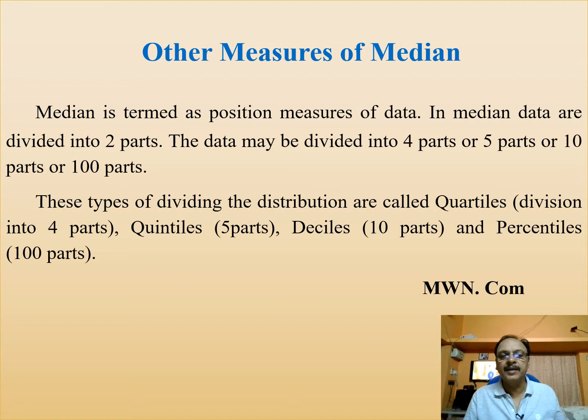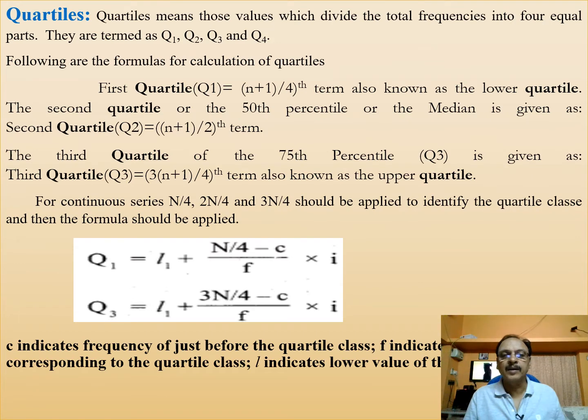This type of dividing the distribution is called quartiles, divided into 4 parts; quintiles, 5 parts; deciles, 10 parts; and percentiles, 100 parts. Now let us study the quartiles, dividing the data into 4 parts, thereby Q1, Q2, Q3, Q4.